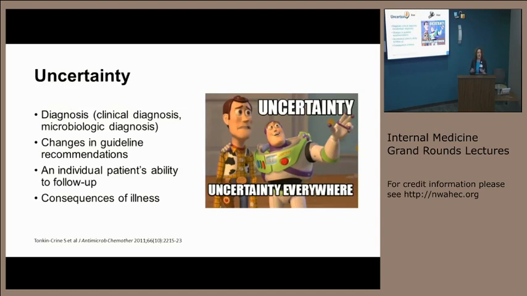There's a lot in medicine for us to be uncertain about. We can be uncertain about the clinical diagnosis, potentially a microbiologic diagnosis, if we're not able to identify a virus and tell a patient 100% for sure that's what you've got. We can be uncertain about the newest guideline recommendations, and concerned about an individual's ability to follow up and what could happen to them.